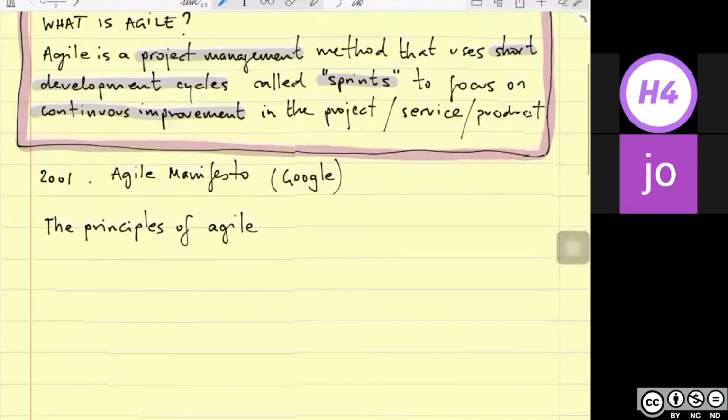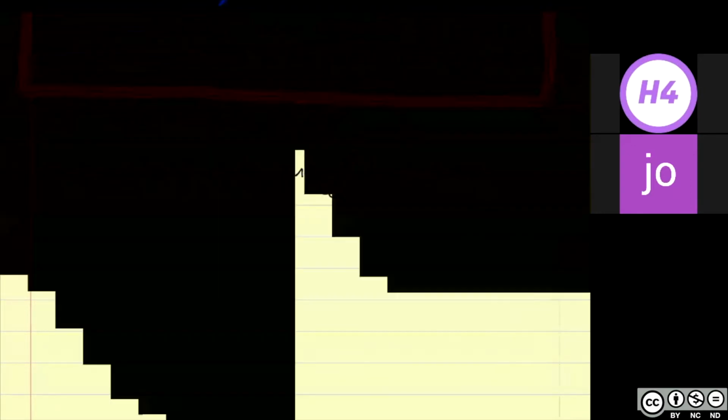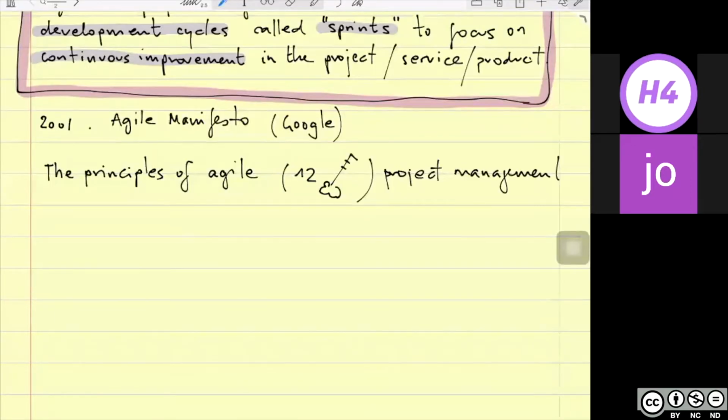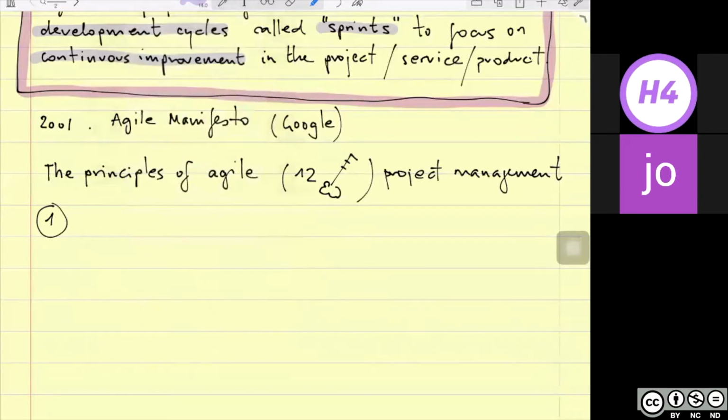The principles of Agile, which are 12 key principles, of Agile project management are: first, and make sure you know them because I will ask you to list them eventually.